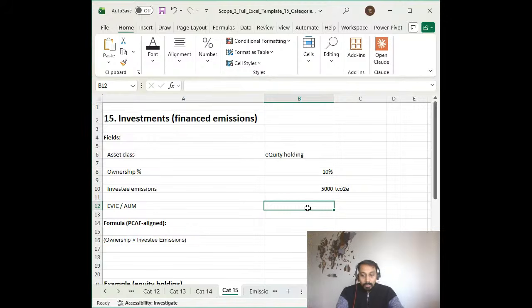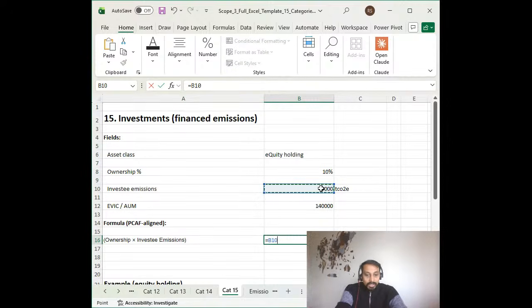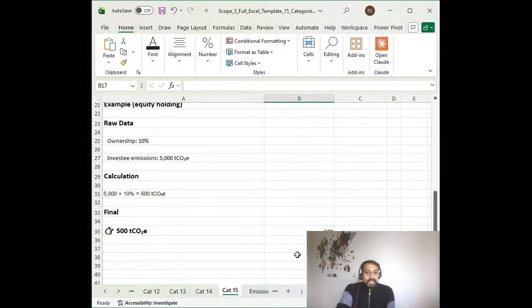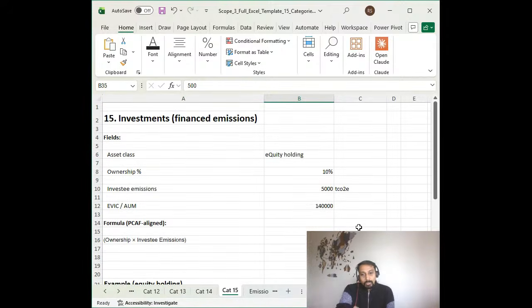For example, you have 140k pound assets across your region. So the calculation is very simple. Your investee emission is 5,000 and your ownership is only the 10%. So you have to calculate only your ownership-related investee emission. So that comes under the 500 tons of CO2 equivalent. So this is the final figure. You can see the example here, which is 500 tons of CO2 equivalent.